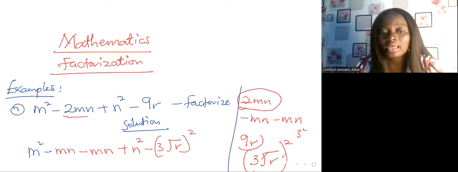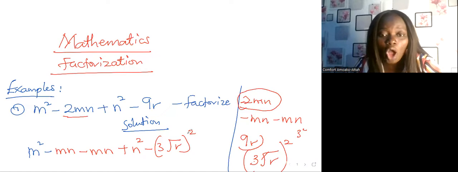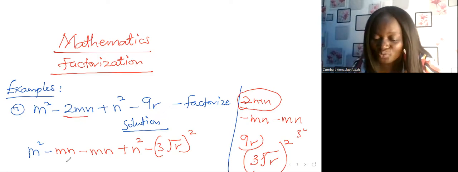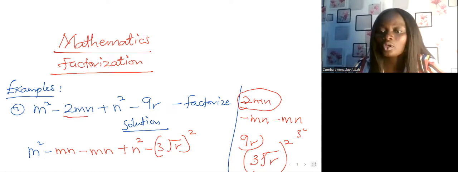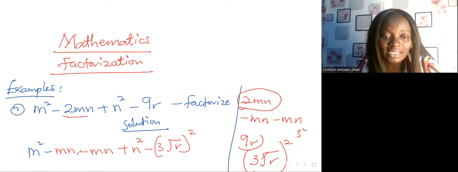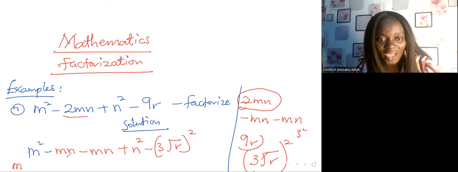Now let's go back. Do we have some common things running through? Yes, I can figure out some common things running through. Okay, so let's see how we are going to make this very easy. Picking the first set, I'll bring my m out because the common factor here is m.